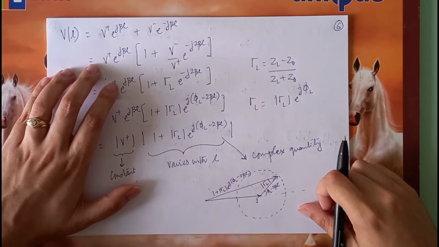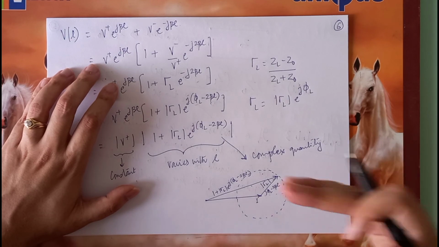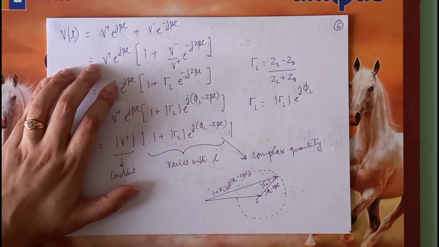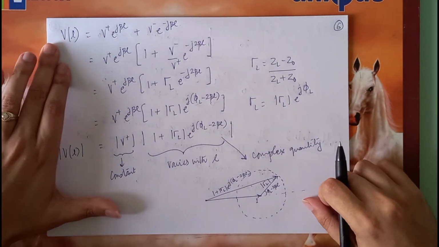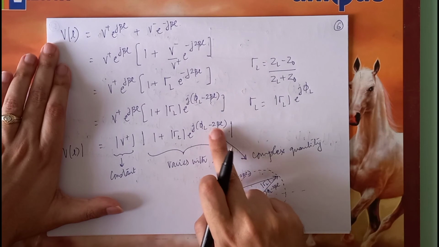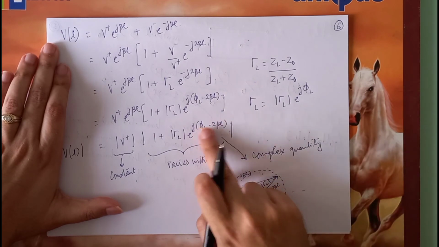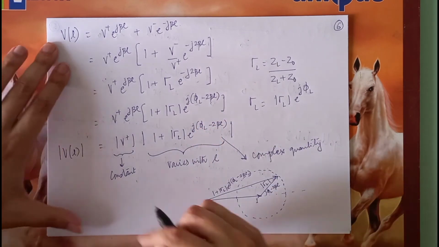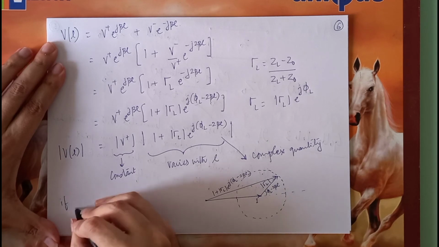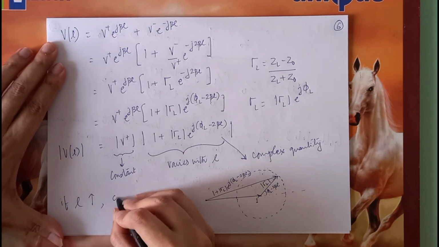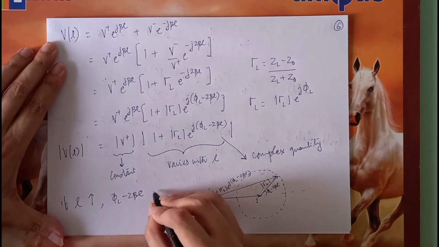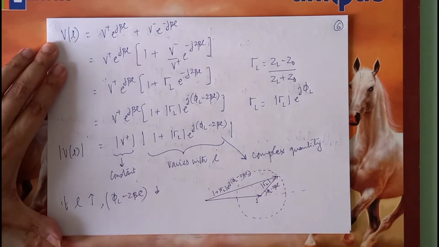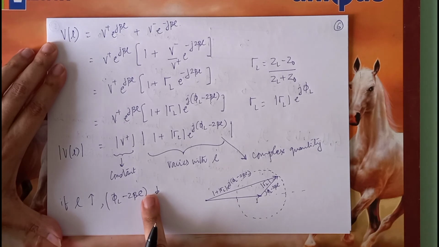So therefore, let us say if L increases, that means I am moving from the load towards the source. So therefore, if L increases, phi L minus 2 beta L would decrease, because L is increasing.